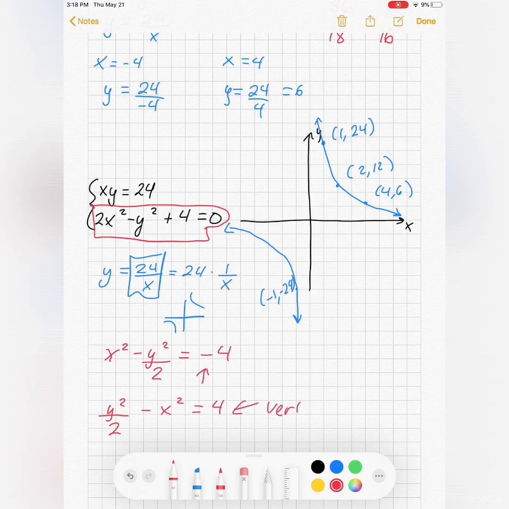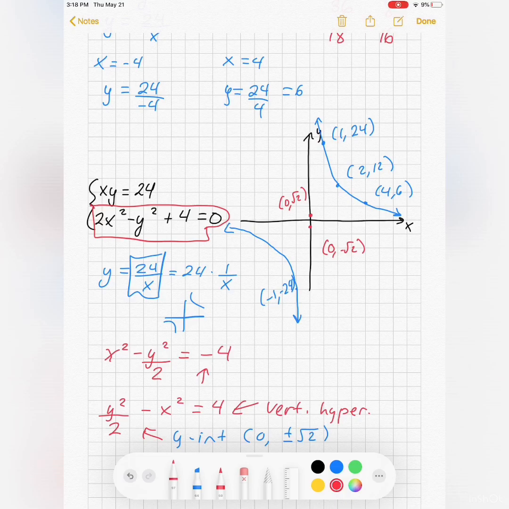This is a vertical hyperbola. The y-intercepts would be plus or minus root 2, that's like 1.4-ish. Not to scale, just trying to get a rough idea.